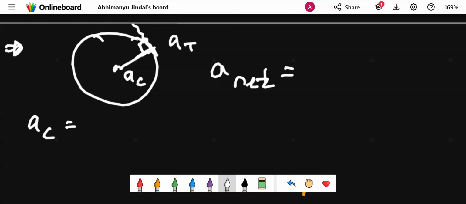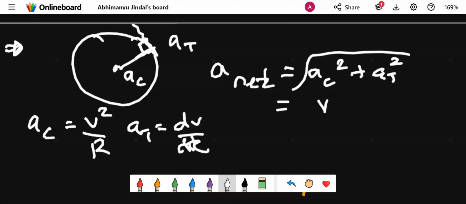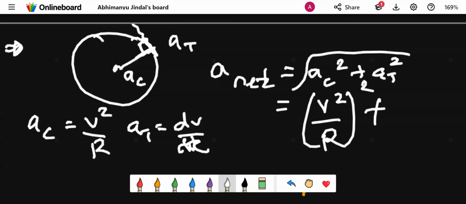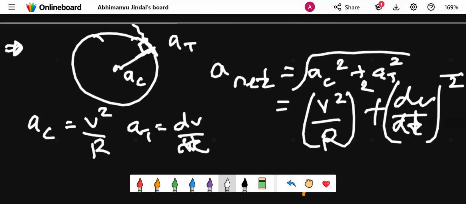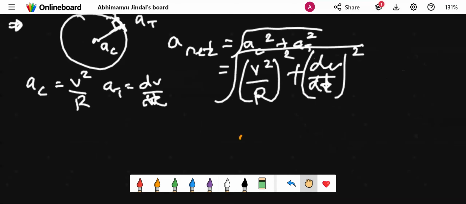Centripetal is v square by r, tangential is dv by dt. So the net acceleration is the root of a_c square plus a_t square, which is the root of (v square by r) square plus (dv by dt) square. Just keep this in mind, a small concept.